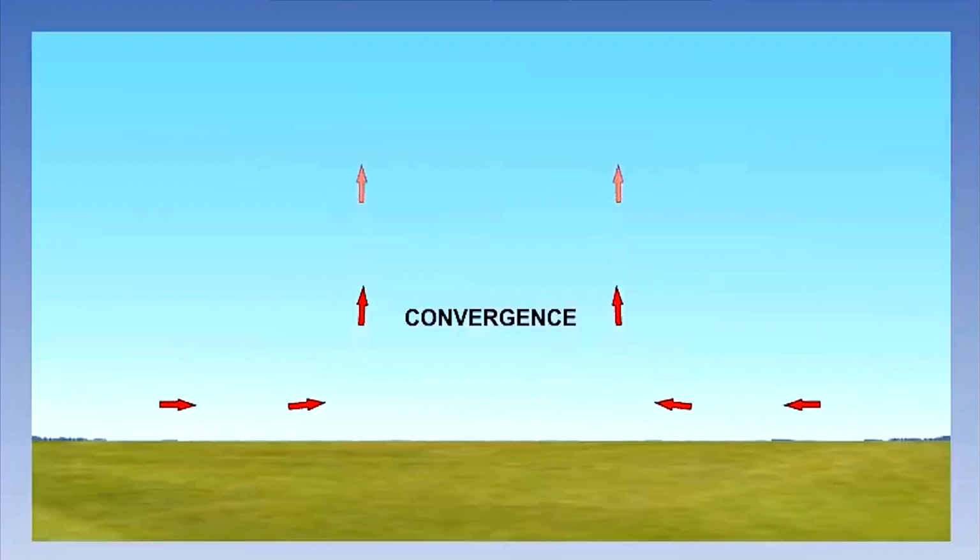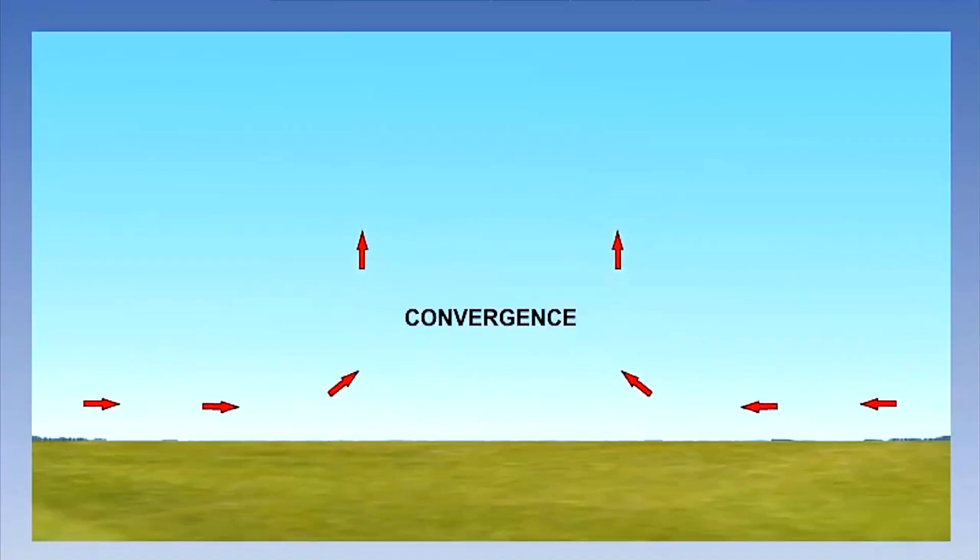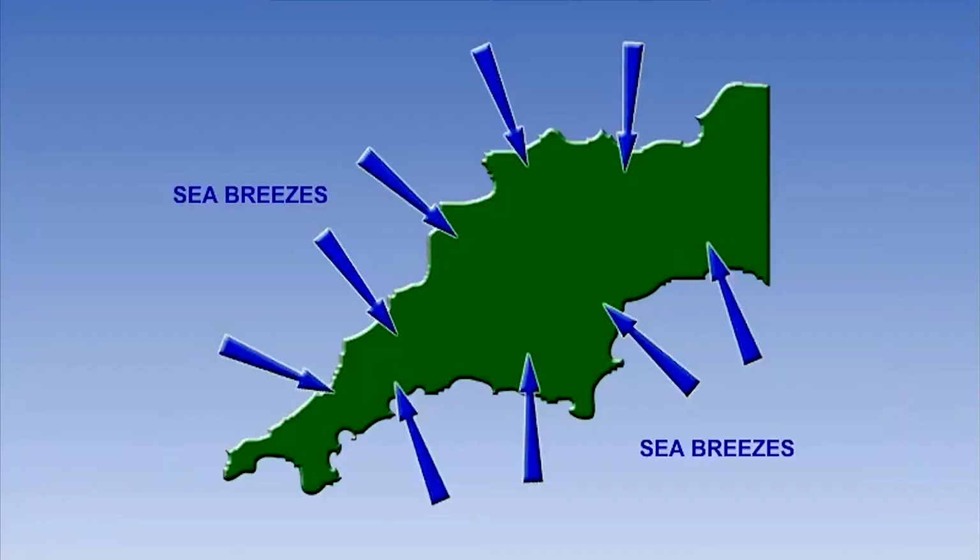There are other ways of lifting air within the atmosphere. Convergence is another that we shall look at now. Convergence in the atmosphere means air is accumulating in a particular area with an associated depletion elsewhere.